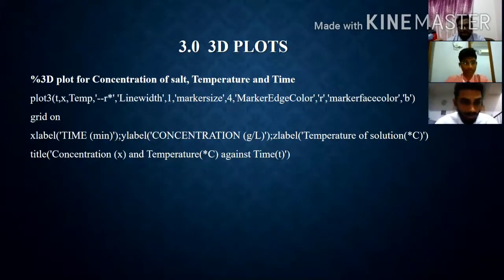We set some line width, marker size, marker edge color, and marker face color also, and we type in grid on, and then the x label is time, the y label is concentration, the z label is temperature of solution. The title is concentration x and temperature against time.